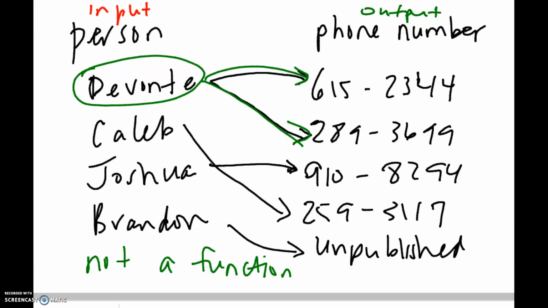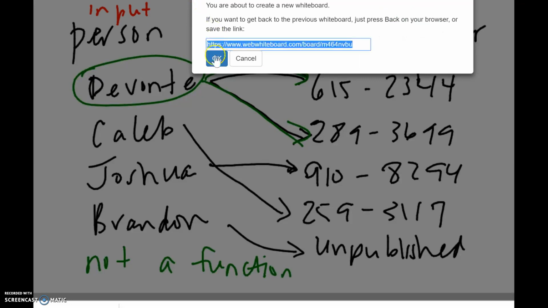Let's do another example. This time, let's use what we typically see in math, a relation, a set of ordered pairs. And before we do that, let's list some terms. The input value is also typically our x, and the output is the y.